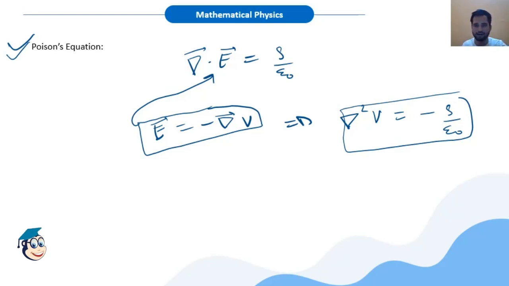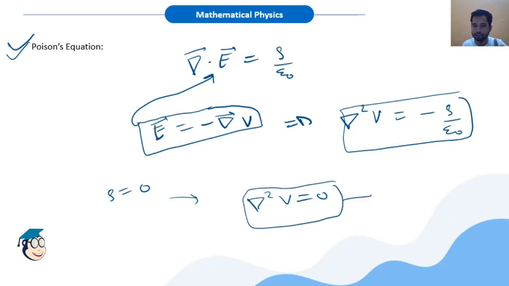Let's say we have a region where rho is 0. That means we don't have any charge in some region. So for that region, del square V will become equal to 0 as rho is 0. This is called Laplace equation.